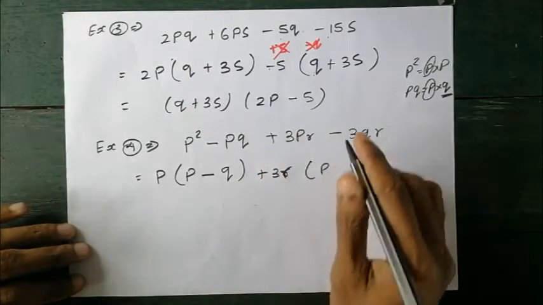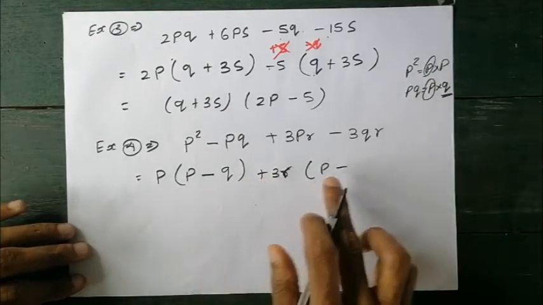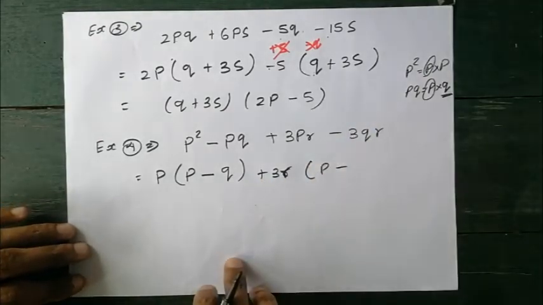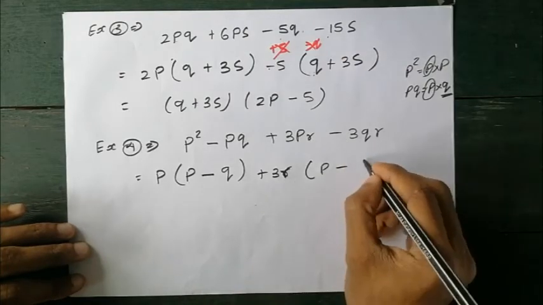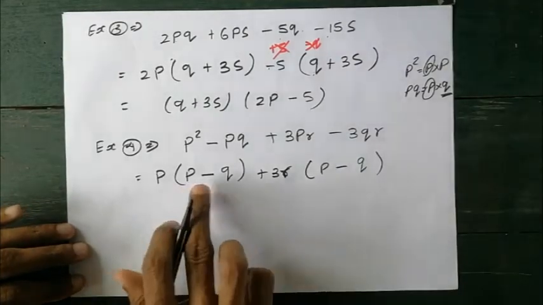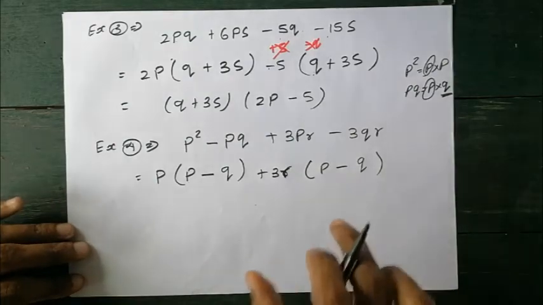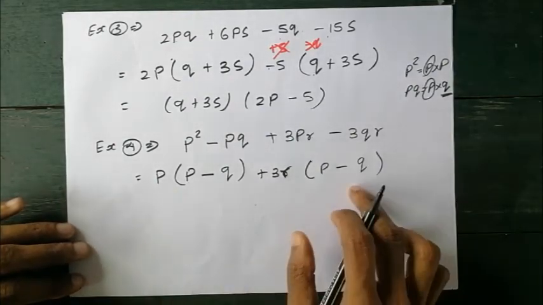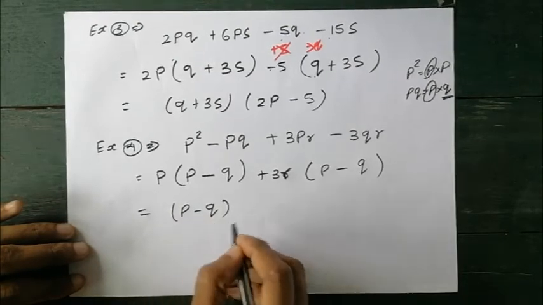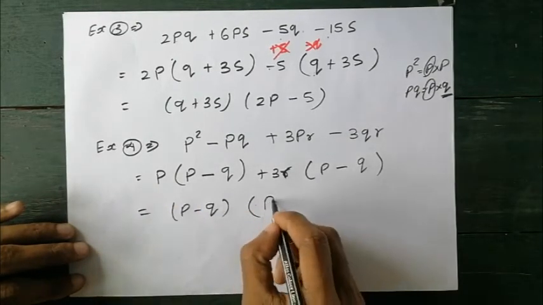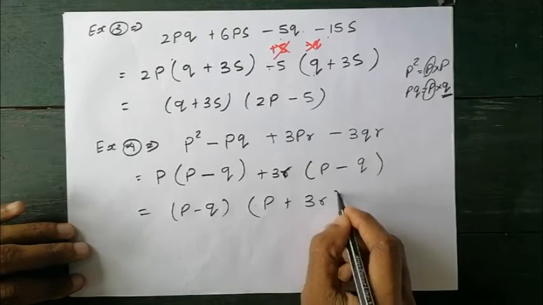Minus into plus is minus, right? Taking out 3r, the remaining is q. Check: p minus q, p minus q, it is always the same. So taking out p minus q, the remaining is p plus 3r.